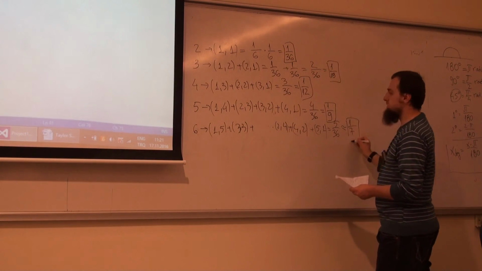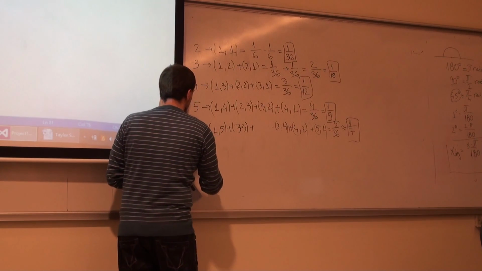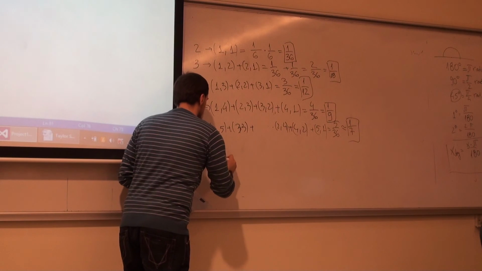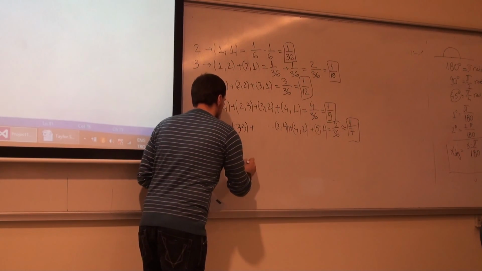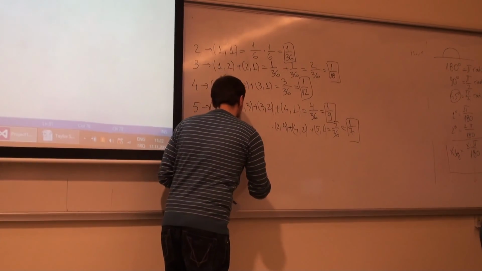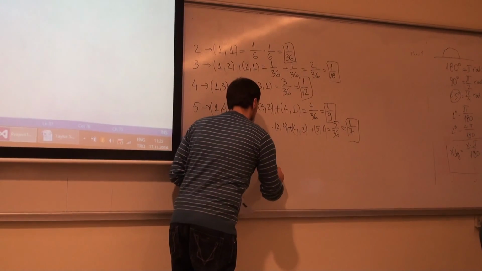Now I'm not going to write it up until 12, since they're going to be repeated, and you'll see how. For 7, we have 1, 6. Let's write 6, 1 also here. What do we have else? 2 and 5, 5 and 2.